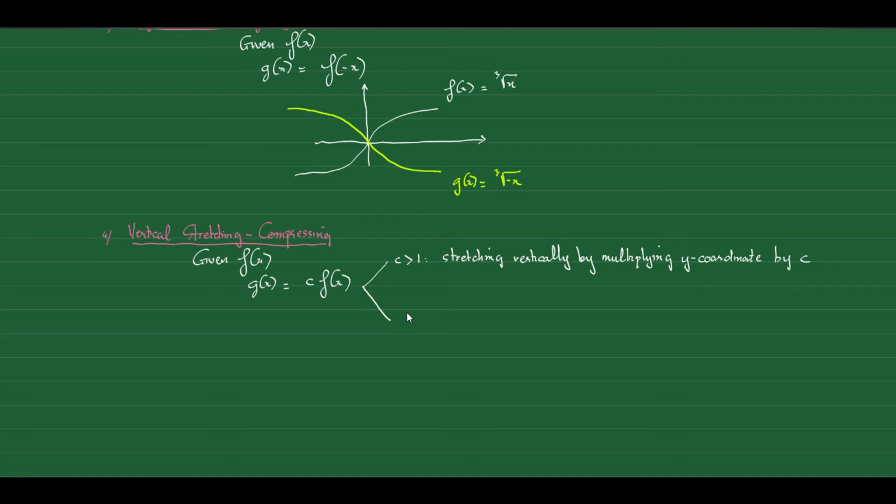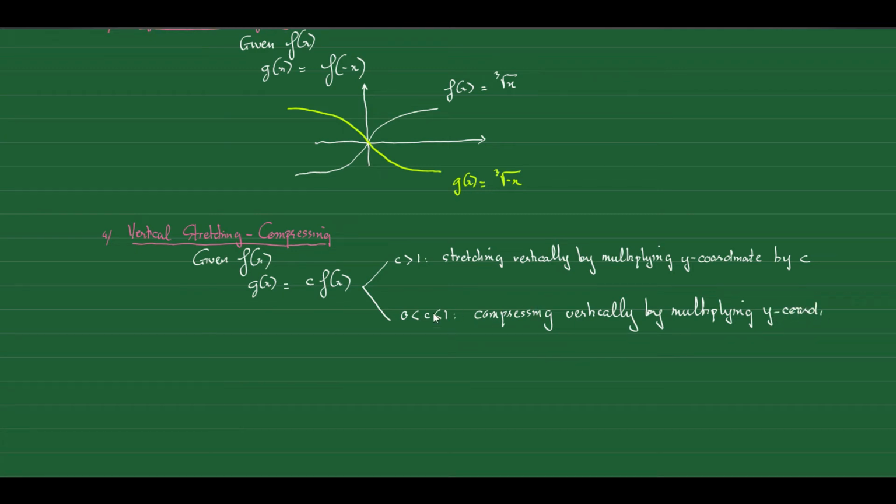And if c is between 0 and 1, we compress vertically by multiplying the y coordinate.